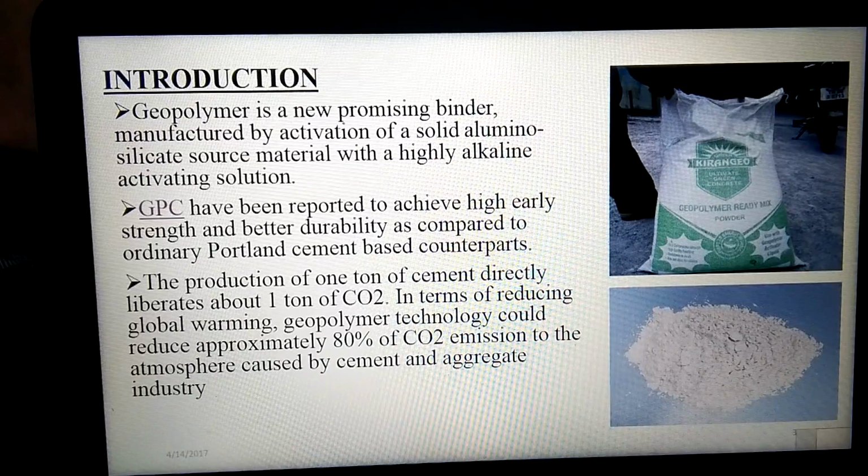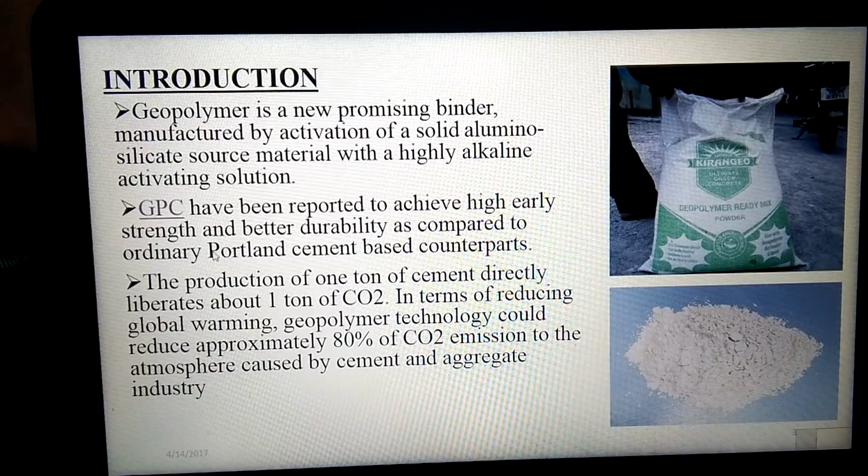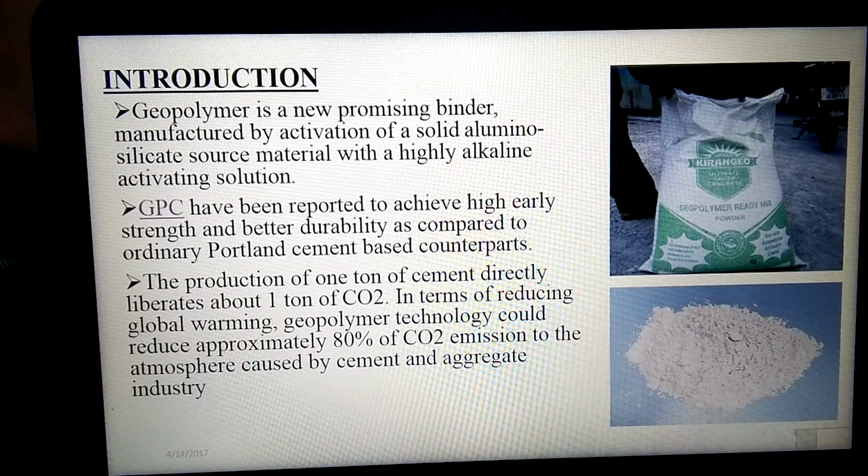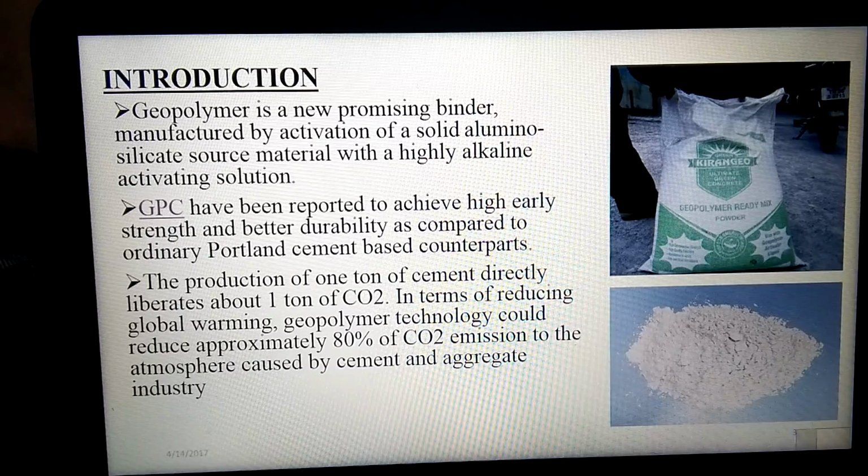Our cement has been reported to achieve high early strength and better durability when compared to ordinary cements. The main point I already discussed earlier: we are going to reduce the emission of CO2 up to 80% during the manufacture of cement. Next slide.